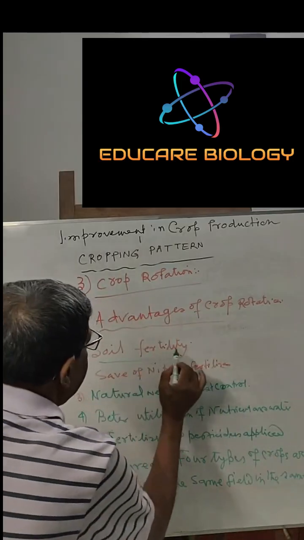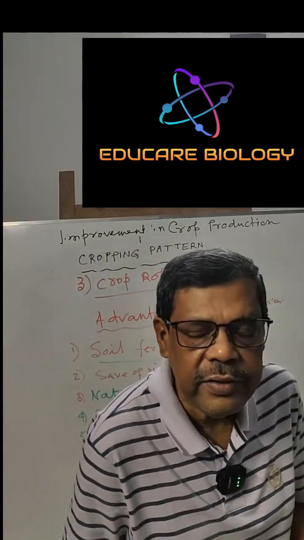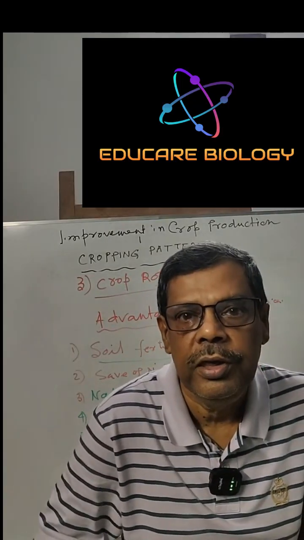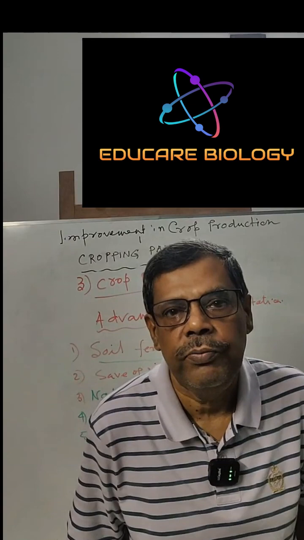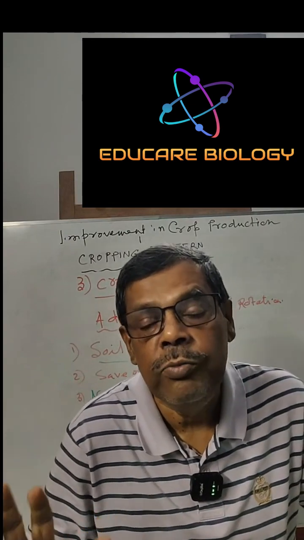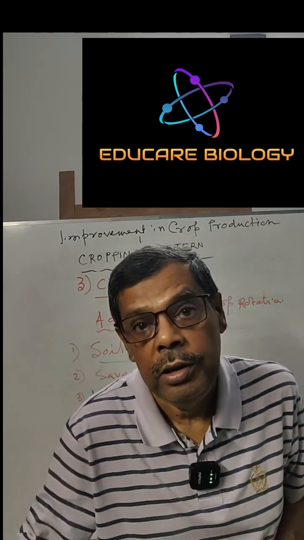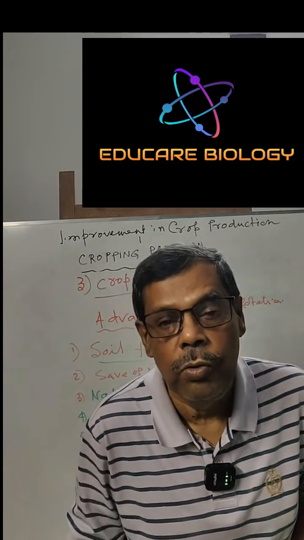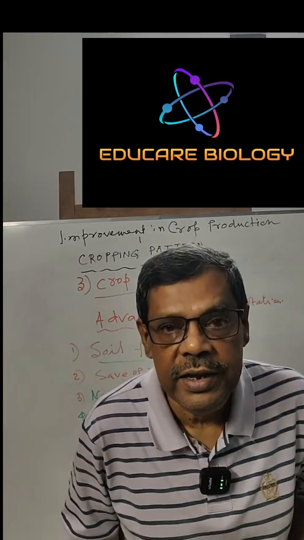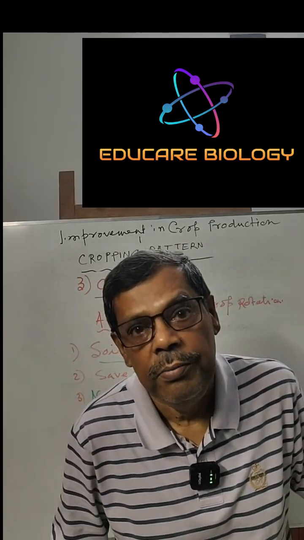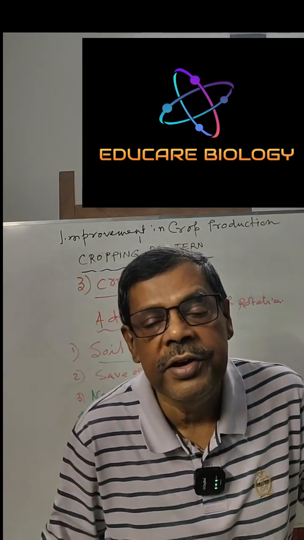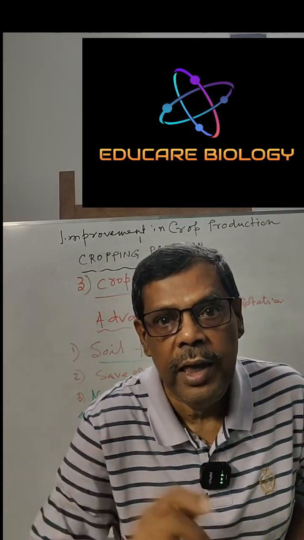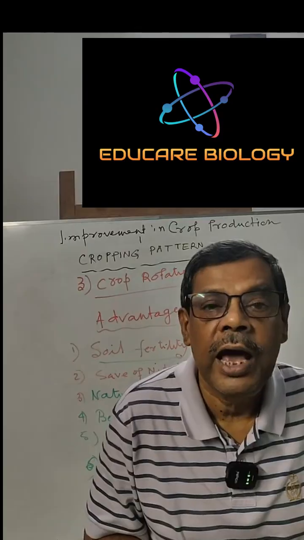First, soil fertility. In this case, light feeder crops are rotated with heavy feeder crops. That is, light feeder leguminous plants are rotated with heavy feeder crops. So, soil fertility is increased by the nitrogen or nitrate fertilizer, which is synthesized by rhizobium bacteria.